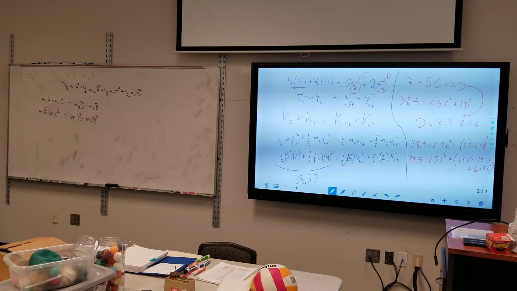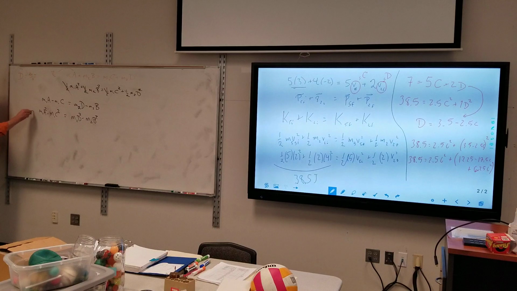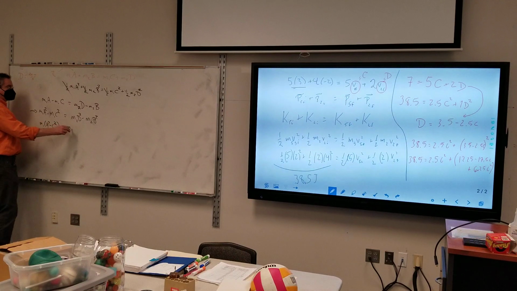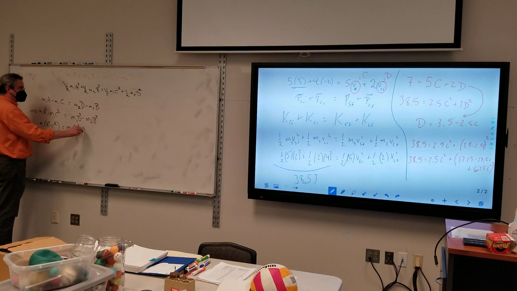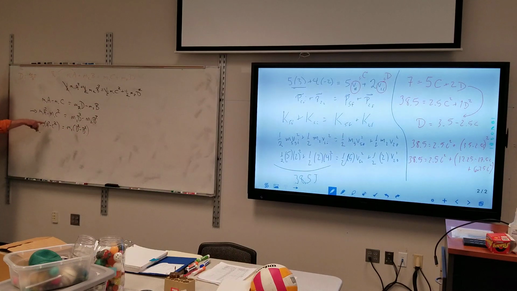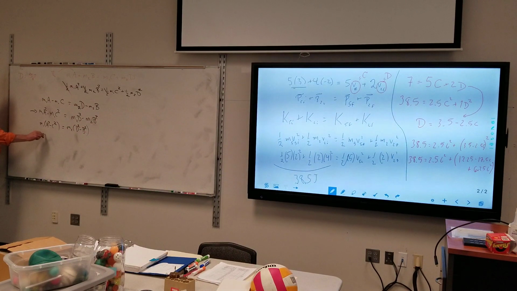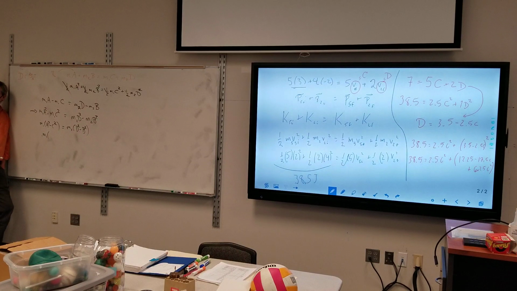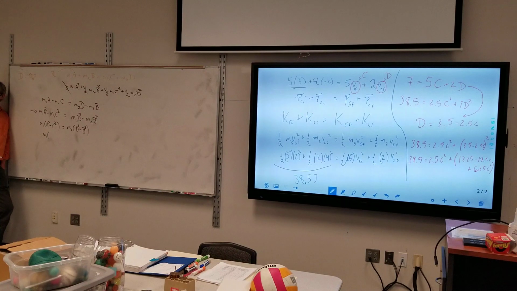Now let's factor. Let's factor this one first. And how do you factor A squared minus C squared? Yeah, the difference of 2 squares.